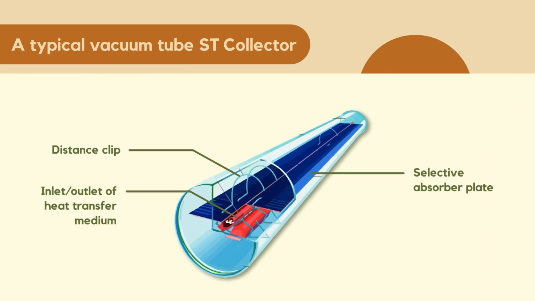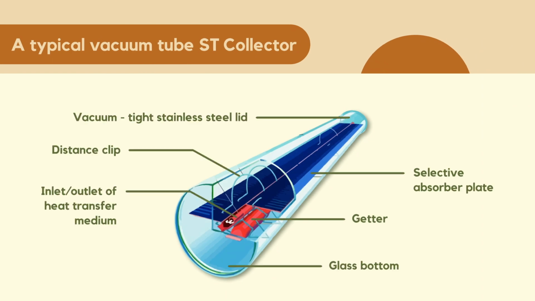On the other hand, a glass tube collector has vacuum inside to reduce losses. It also has an absorber with the pipe and a selective absorber plate. It also has a certain media flowing through the pipe, and the solar radiation is then concentrated into the absorber, and from there it is transmitted into the fluid.